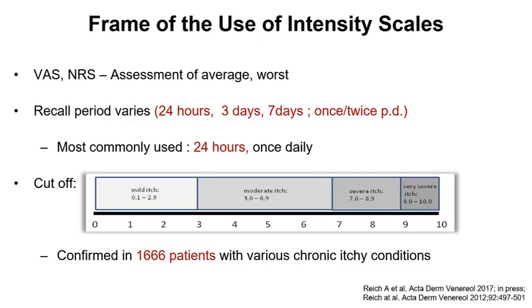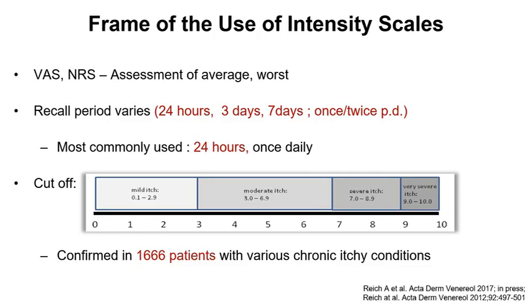It's becoming more and more clear that we ask here at the numeric rating scale for the worst itching in the past 24 hours. You can also ask about the average itching, but there is the risk that the patient tells you it's 5. Yeah, because when you say average, the patients think about 5 as a typical value for that.